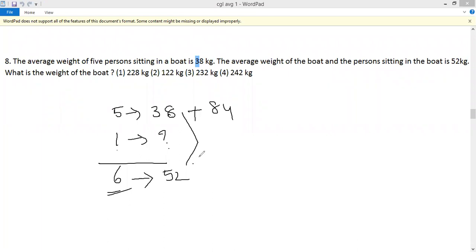What is the difference? 14, and for how many numbers? 6. You have to find the average for how many numbers? One number only. So the denominator is 1. So 84. How many numbers do you want? That is the denominator. Right.